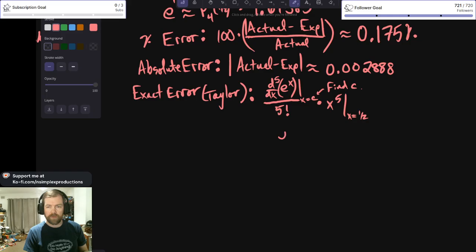So here what we've got is e to the c over, nope, not 2 to the 5th. This is 5 factorial, which is going to be 120 times 1/2 to the 5th, that's where that came from, which is 1 over 32.